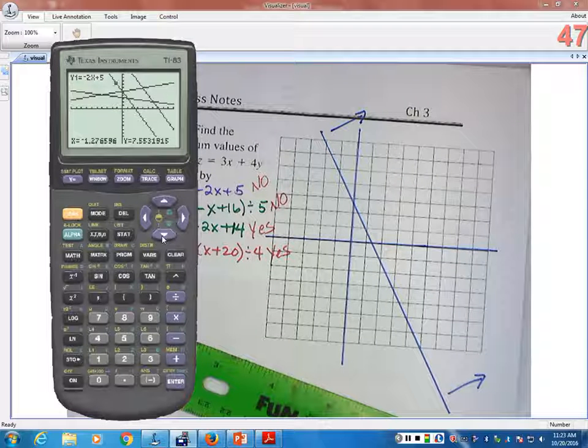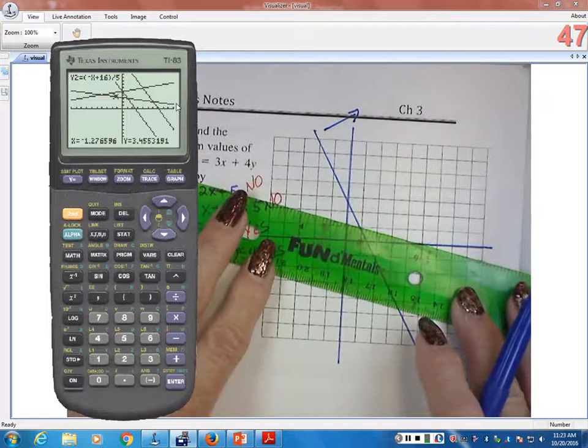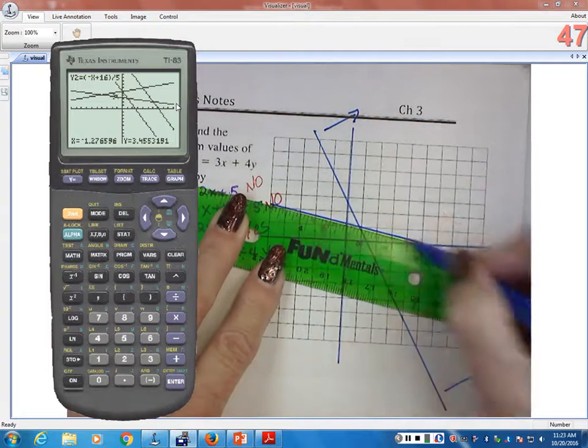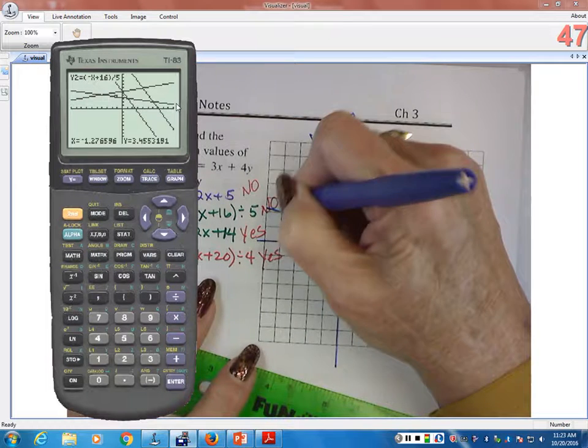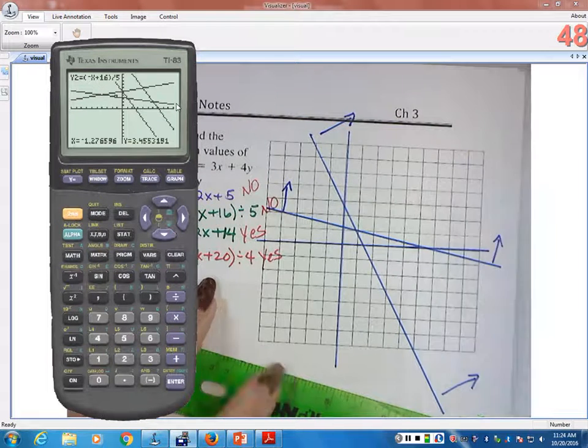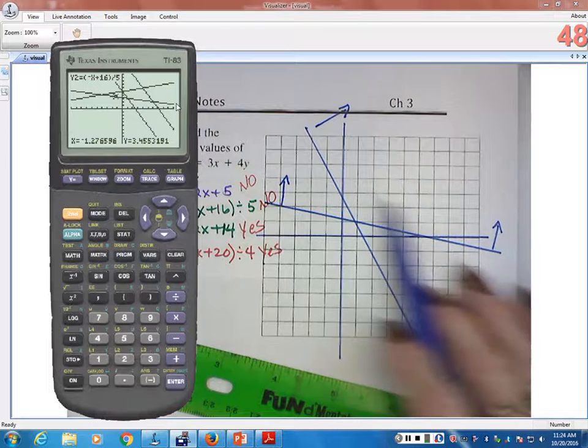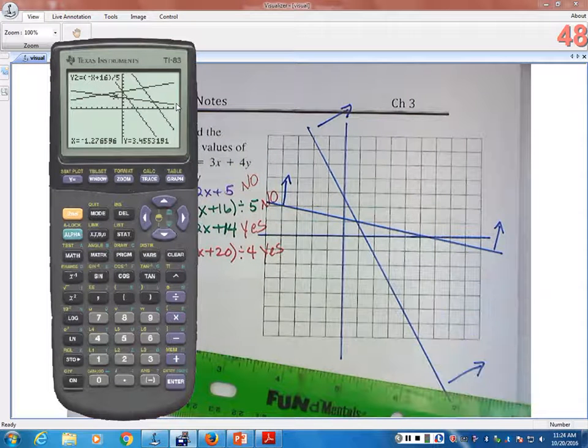So then I'm going to jump to another one and see which line that is. Okay, that's a line that looks like one kind of this way. And (0, 0) doesn't work for it either. So that means I'm going to shade this direction. So far, I'm looking at this area. Then I'm going to move to this line. I'm going to have to trace around a little bit to see. There we go. Okay, so that one's almost parallel to this one.